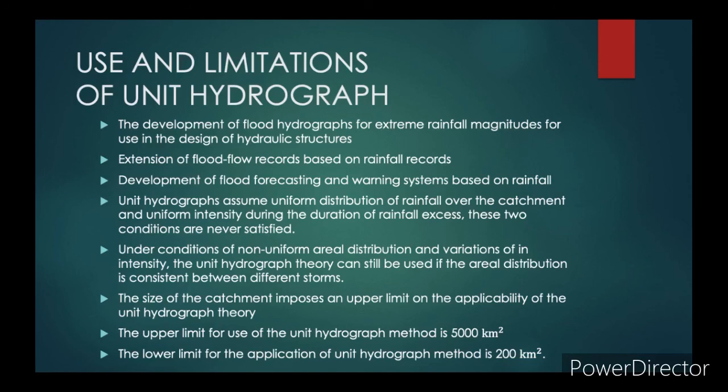The size of the catchment imposes an upper limit on the applicability of the unit hydrograph theory, because the center of the storm can vary from storm to storm, and each of these storms can give a different DRH, the direct runoff hydrograph, under otherwise identical conditions in a very large basin.